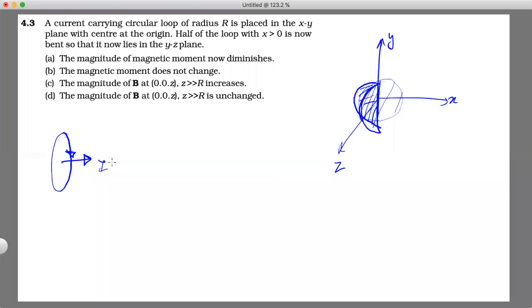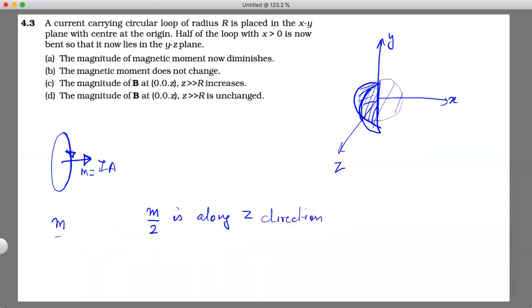Now we have one magnetic moment along Z. Let's say the initial magnetic moment was M. Now half of it, because area has been made half. So M by 2 is along the Z direction, as it was in the beginning.